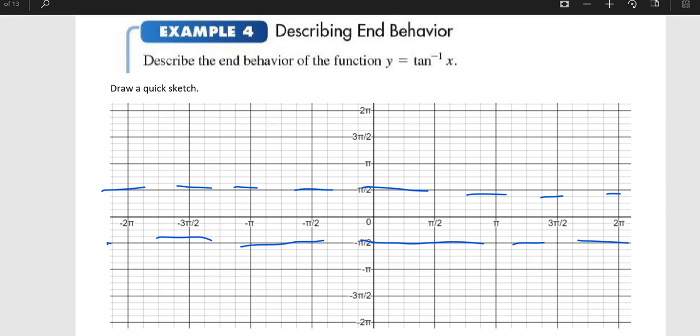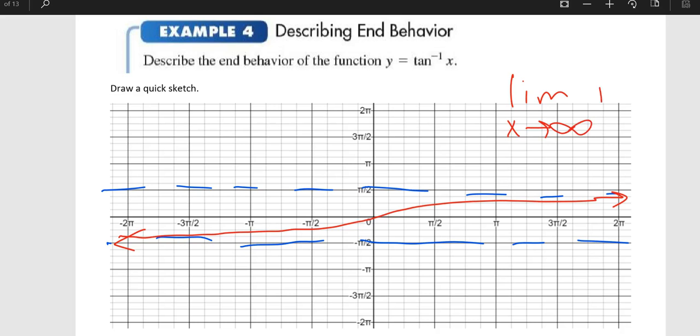And because of the restriction done on tangent, we get one of these kind of things, obviously not crossing the asymptote. So what is the limit as x goes to infinity of tangent inverse?